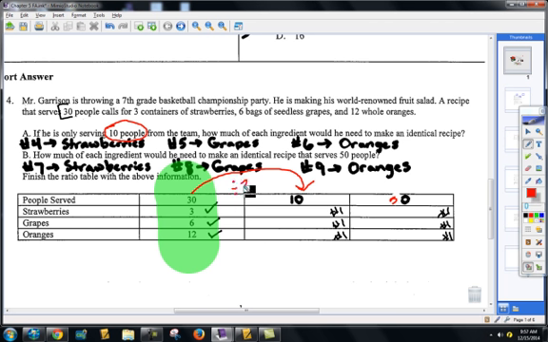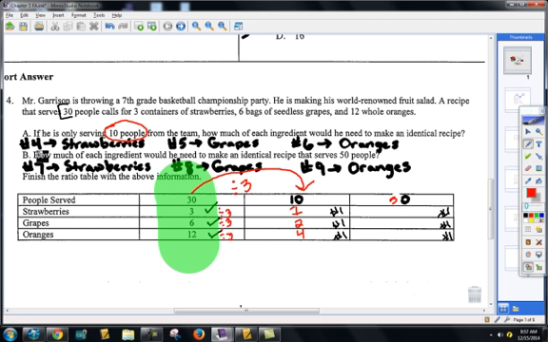I'm dividing it by 3. So if I'm dividing my number of people by 3, doesn't it make sense that I'm going to divide each ingredient by 3 also? So that would mean I would need 1 container of strawberries, I would need 2 bags of seedless grapes, and I'm going to need 4 whole oranges. So go ahead and give yourself 3 checks or 3 X's for that.